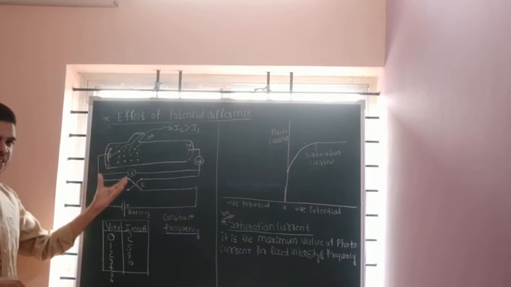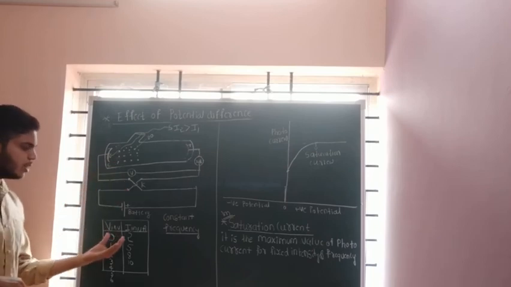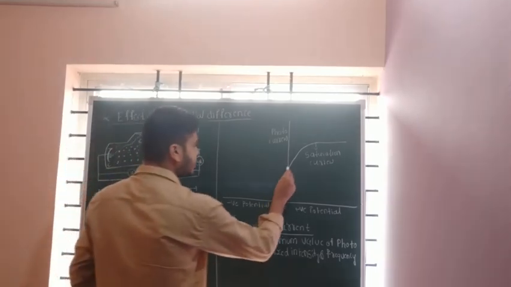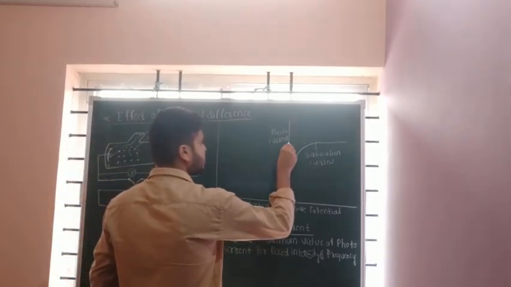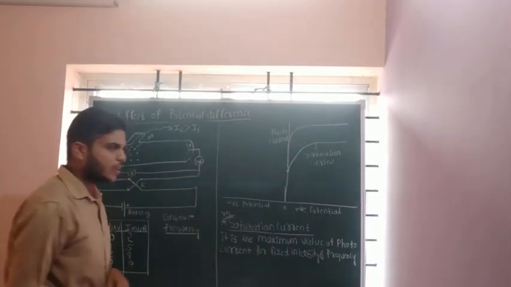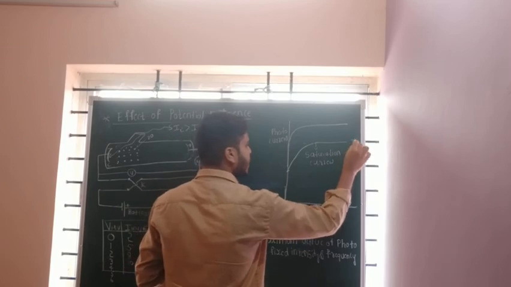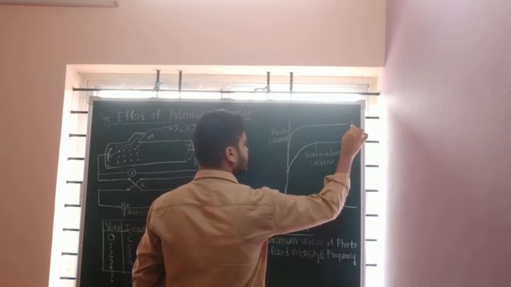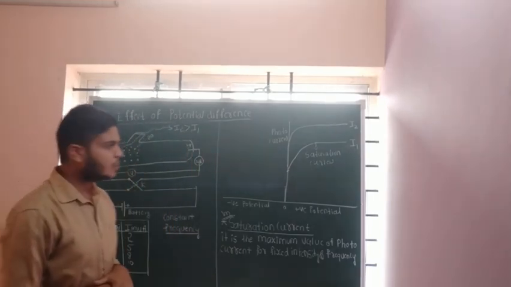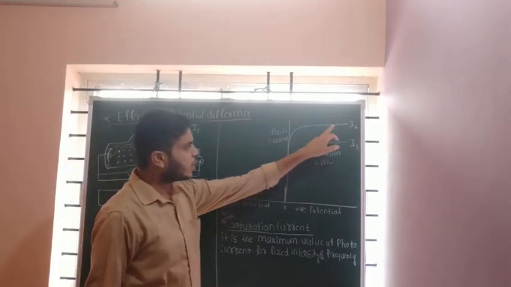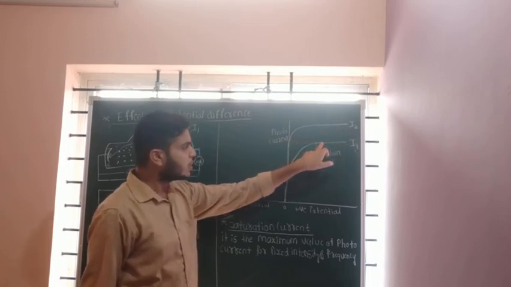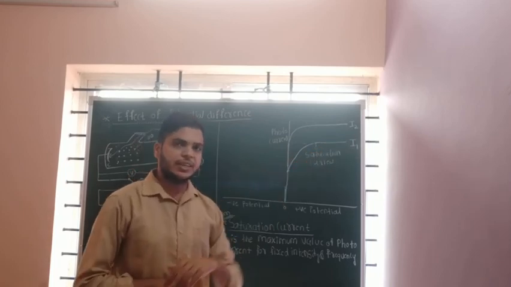Again you do the same experiment. You keep on increasing the potential and observe the current. Again you get the same curve. This curve is for I1 intensity, this curve is for I2 intensity. From this graph you observe that for I2 intensity the saturation current is more compared to the saturation current for I1 intensity.